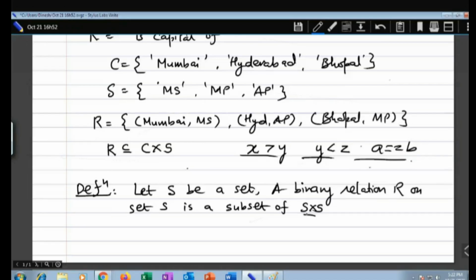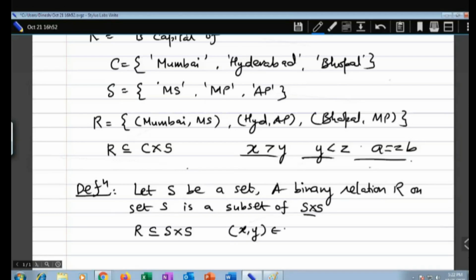If R is a relation on the set, then we can say that R is a subset of S cross S. And it is also denoted that (x, y) is in R. Then we can say that x is related with y.